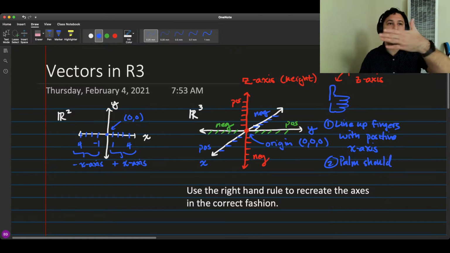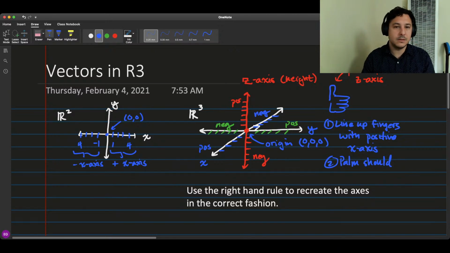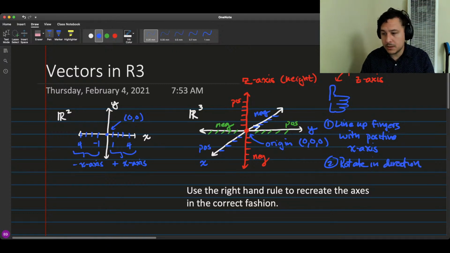So you rotate in the direction of your palm and you should get to the positive y-axis. Let's write that down: rotate in the direction of your palm, and you should rotate to the positive y-axis.